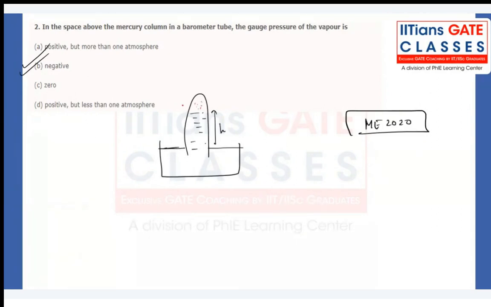You can think of it like chamber one where I need to measure the pressure P, and you can equate the pressure at point A and the pressure at point B. Pressure at A is P atm. Pressure at B will be rho of mercury g into h plus PB. PB is nothing but vapor pressure.